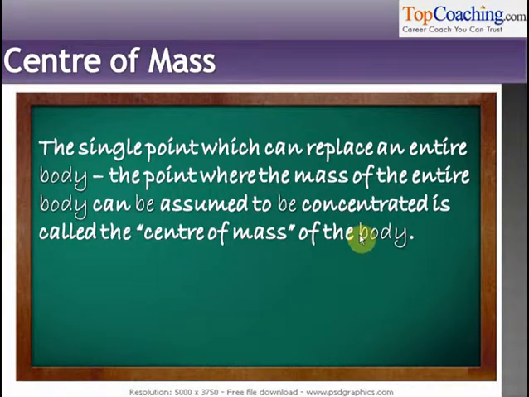So this is what we do. We take one single point inside the block that can replace the entire mass of the block, and then we treat the entire body, the table, the chair or the block or the AC, as one single point. Understood? And that makes our calculations very easy. This point, which can replace the entire mass of the block, is called the center of mass of the body.